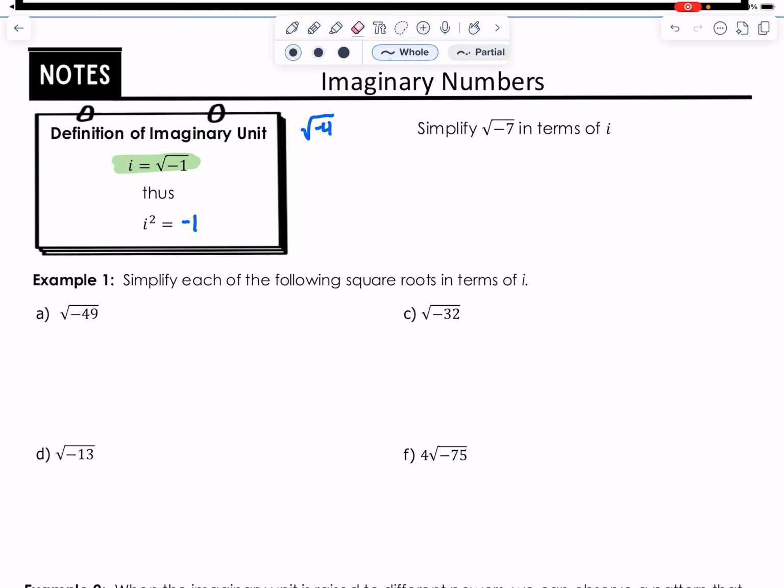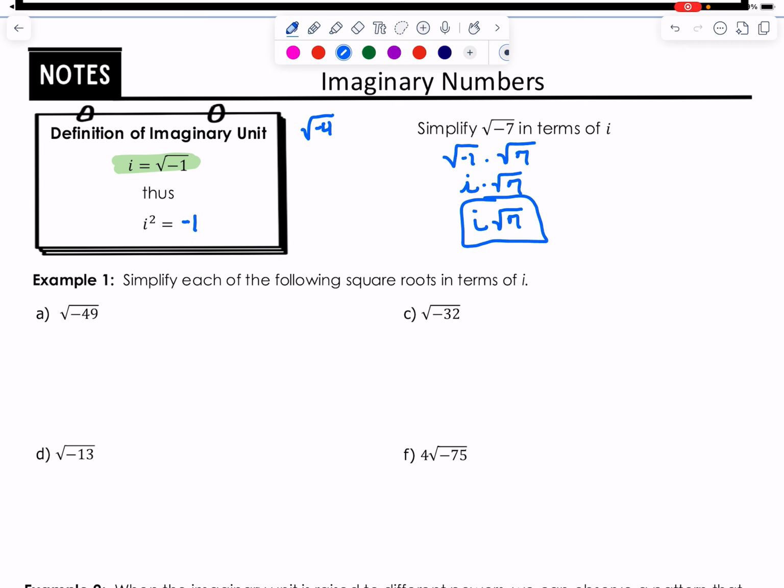So the square root of negative 7 could be rewritten as the square root of negative 1 times the square root of positive 7. And we know that we defined the square root of negative 1 as being equal to i. So when we simplify square root of negative 7, our answer would just be i square root 7.